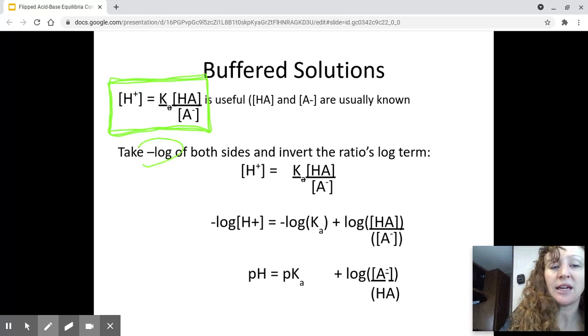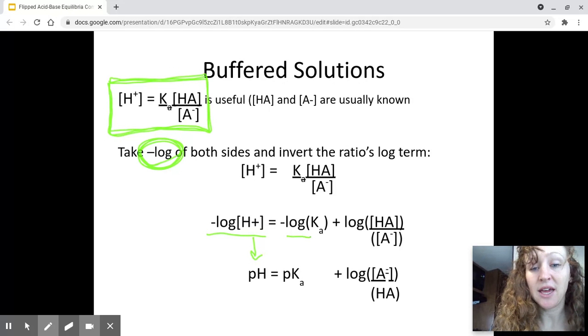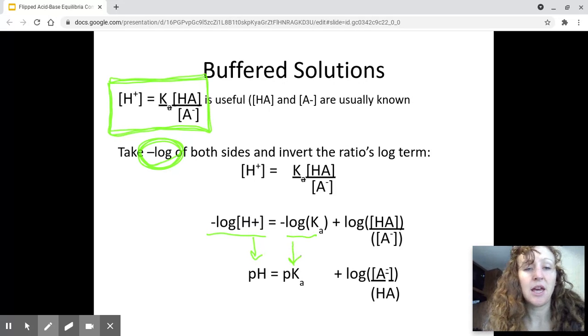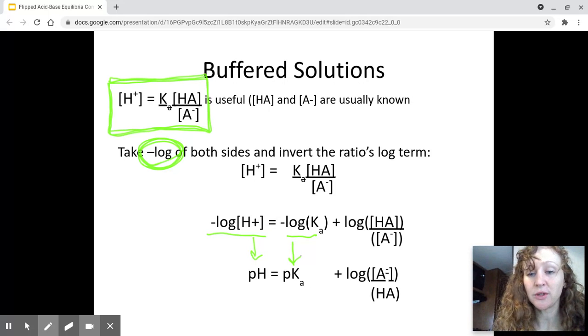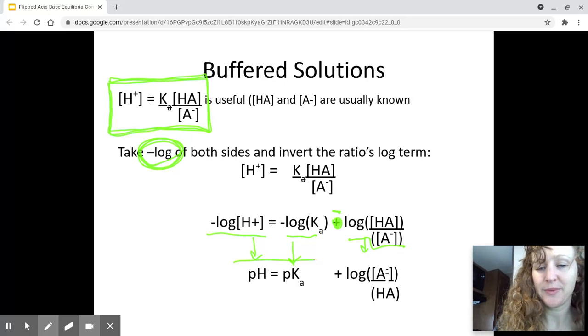If we take the negative log of both sides, negative log of H plus becomes pH, negative log of Ka becomes pKa, and the negative log of this ratio becomes positive log of the inverse ratio. So look at this equation now.